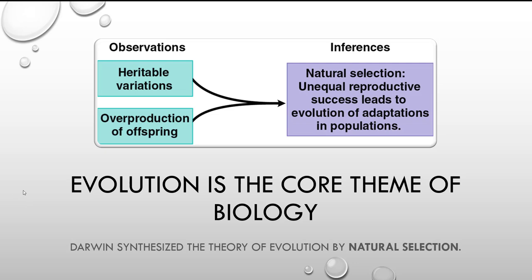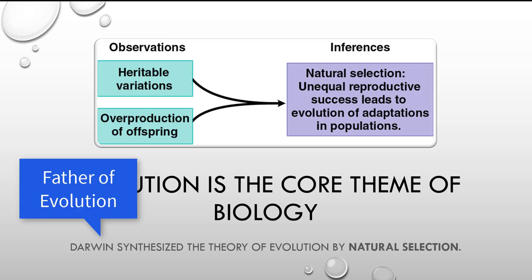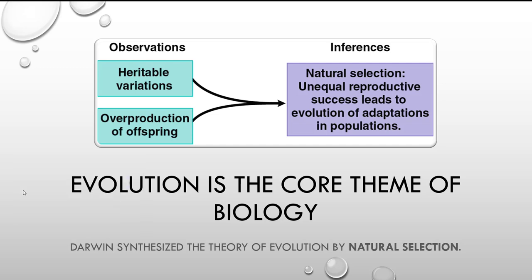As I stated before, evolution is basically the core theme of biology, so we need to understand the basics of it. The theory of evolution by means of natural selection has been around for a while. Charles Darwin is thought of as the father of this idea, though he wasn't the only one.